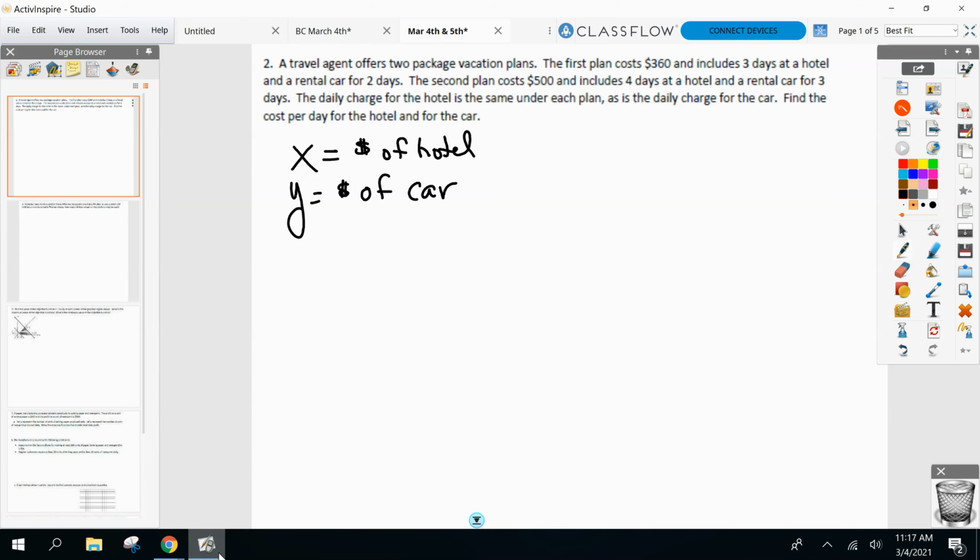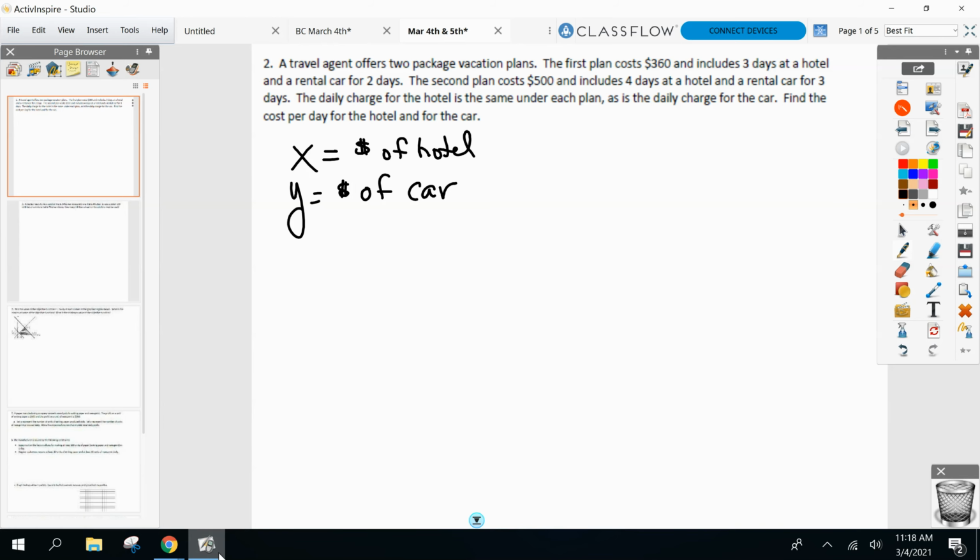Read the second sentence for me. I'm going to get you through this. Let's go. We're not giving up. First plan costs $360. So that's your total, $360. Includes 3 days at the hotel and 2 days at a rental car. So 3x plus 2y equals 500.